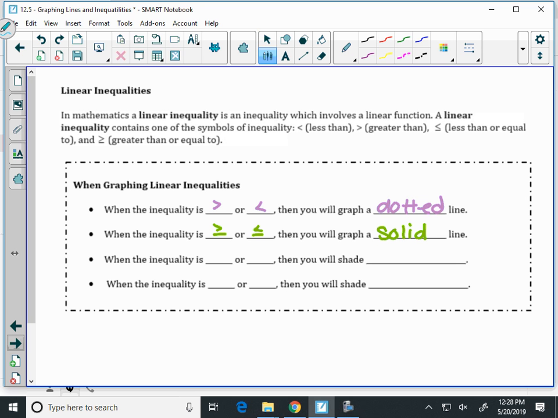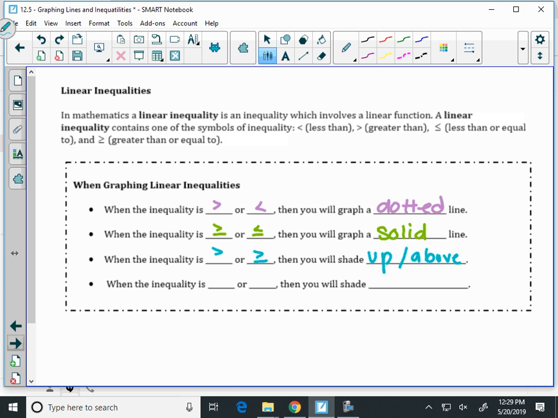If your inequality is greater than or equal to, which way are we going to shade? So the inequality is opening up towards the y. Which way will we shade? Up. Up or above. I've heard that some teachers teach up. Some say above. Whichever way you've heard, you're shading up or above the line.